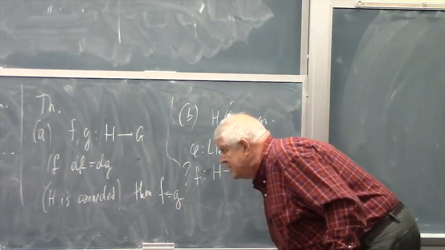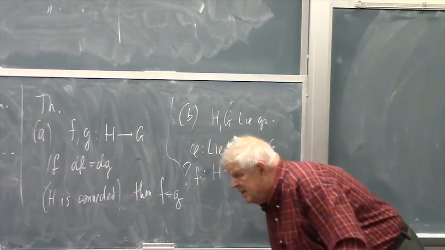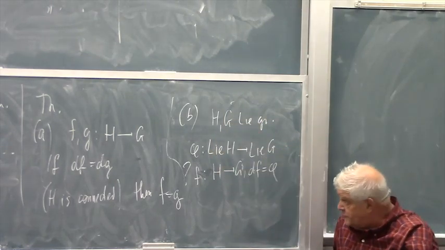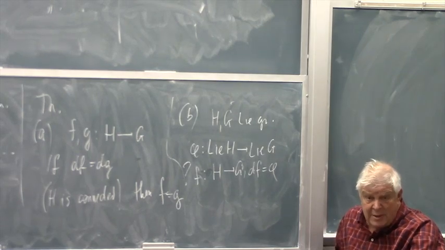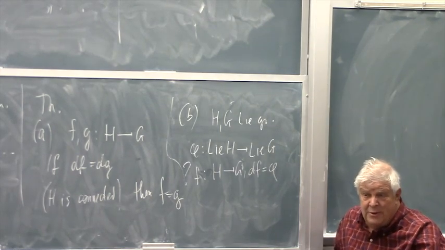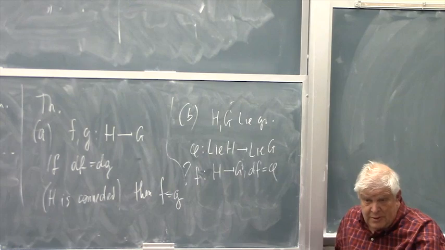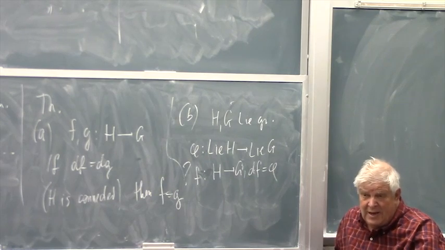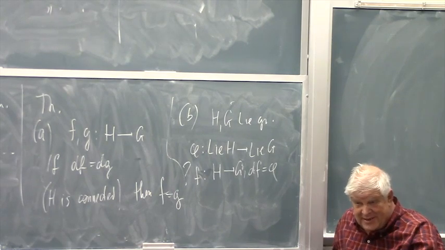So my previous statement A means that this correspondence between Lie group homomorphisms and Lie algebra homomorphisms is one-to-one. Now I want to say that it is onto. Not that it is completely true, but at least it is what I need.